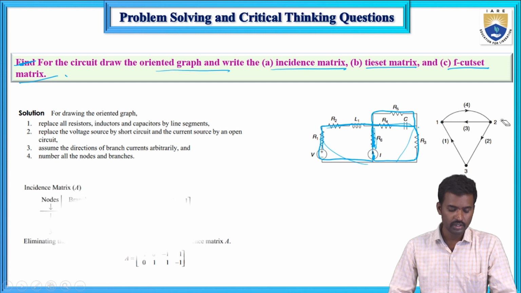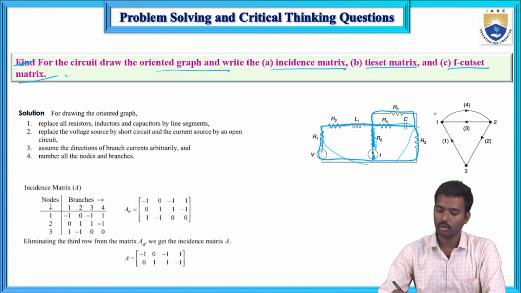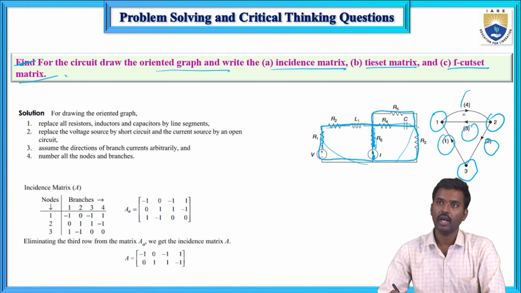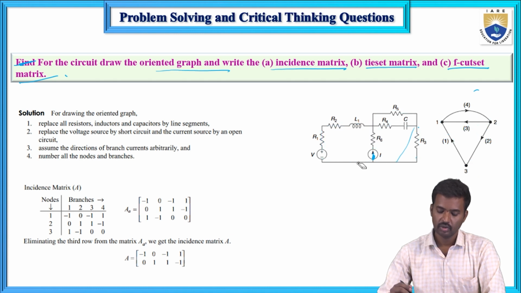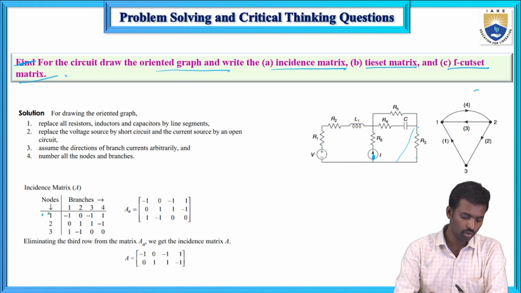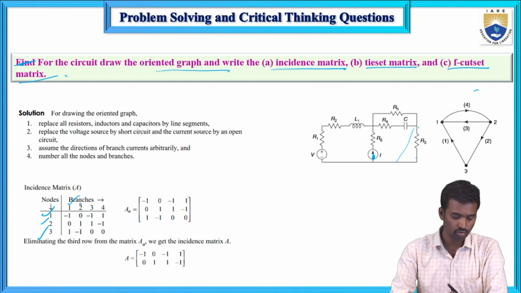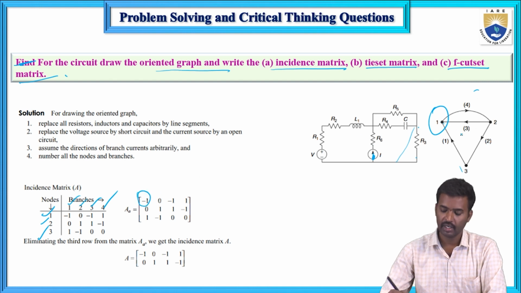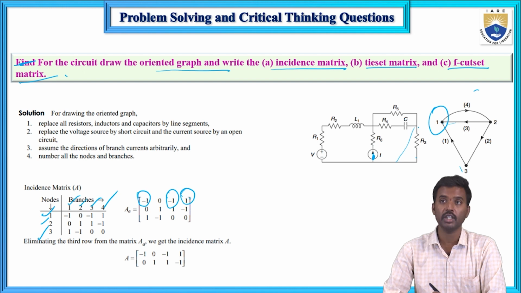So now the incident matrix can be written. Number of nodes 1, 2 and 3, branches 1, 2, 3 and 4. From the first node, 1 branch is entering, that is minus, and 3 branch is entering, that is minus, and 4th branch is leaving, that is plus.